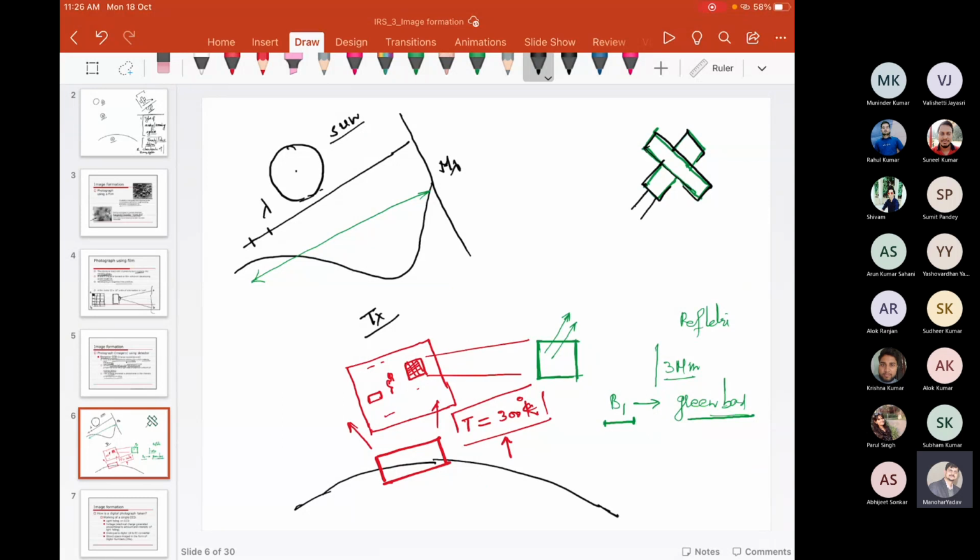There is the sensor that looks towards the ground resolution cell. There is a mirror over here.